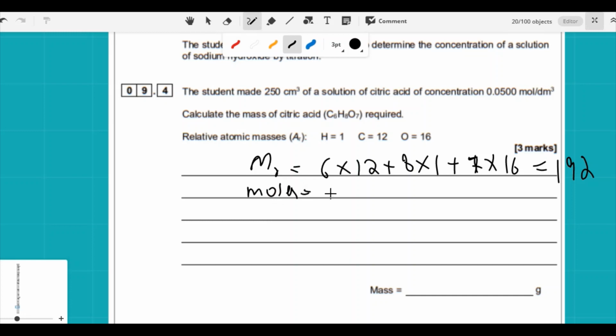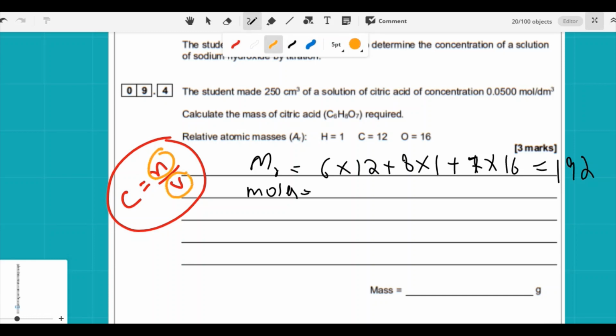As we know, the concentration is equal to moles per volume, C is equal to n over V. So moles equal to C multiplied by V.